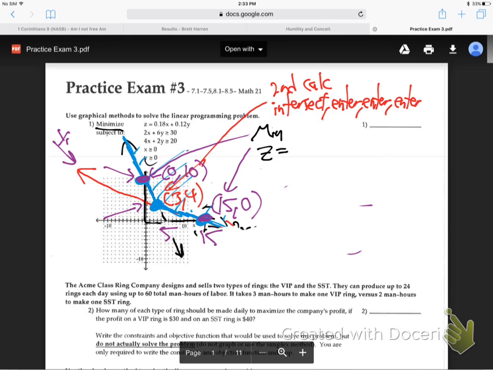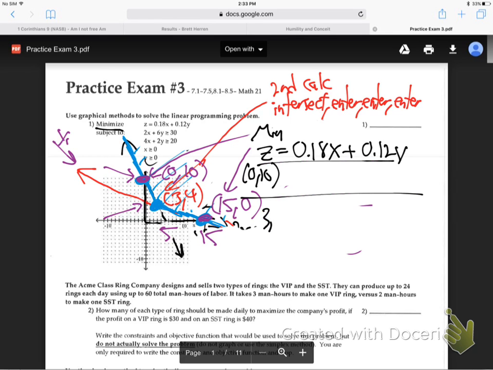Z equals 0.18x plus 0.12y. So we do them one at a time. We do the 0, 10. We do the 3, 4. And we do the 15, 0. And we just plug them in.